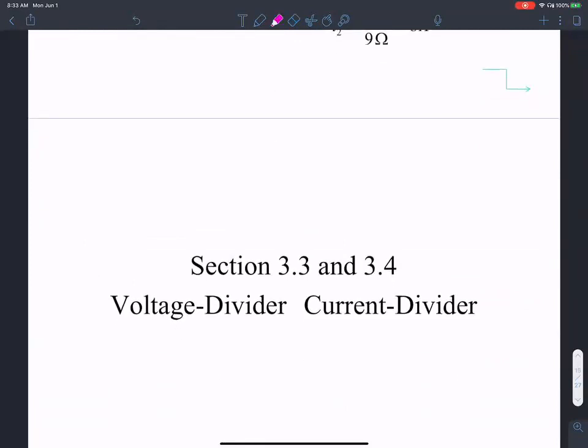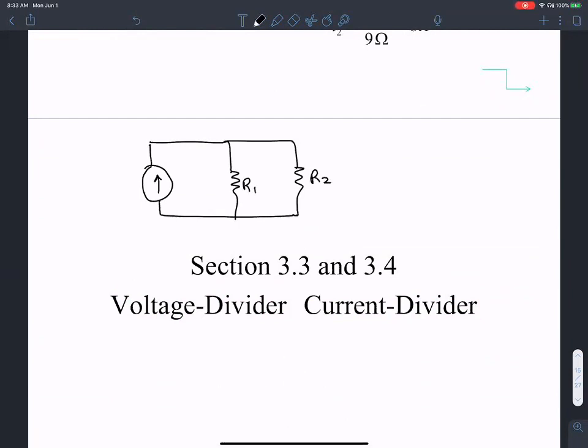So that's the idea of voltage divider and current divider circuits. Voltage division and current division circuit. I gave you an analogy earlier that resistances in parallel can be thought of as two roads in parallel. Let's say R1 and R2.